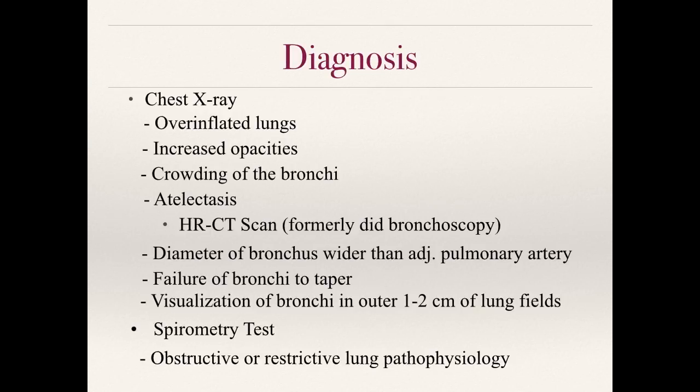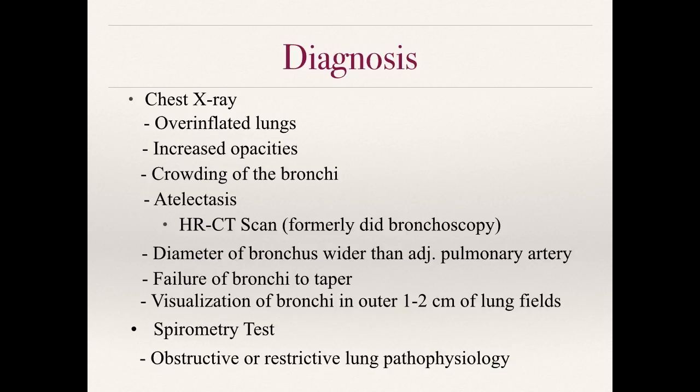For diagnosis, on chest x-ray you're going to be looking for overinflated lungs, increased opacities, crowding of the bronchi, and atelectasis. They used to do bronchs to determine if a patient had bronchiectasis, but now they've moved on to high-resolution CT scan.